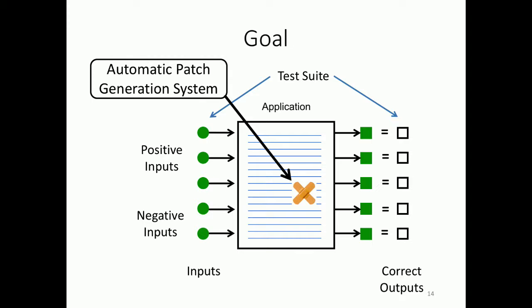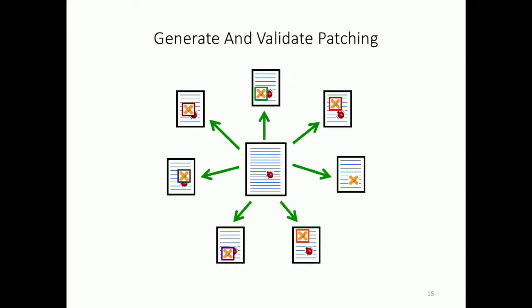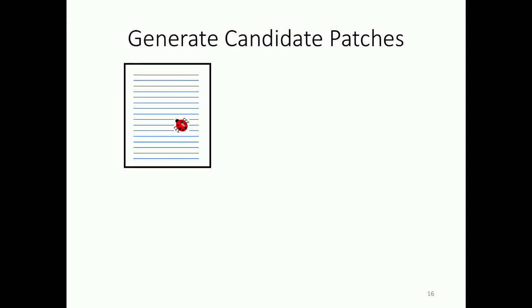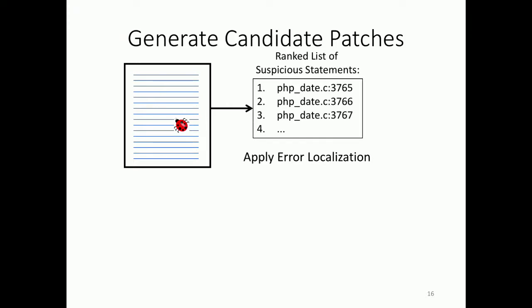The standard way to deal with this problem is called generate-and-validate patching, and I'm going to briefly describe this framework. For this standard framework, we first start with the original program that contains the error, and we perform dynamic analysis on the executions to produce a ranked list of suspicious statements, which correspond to potential root causes of the error.